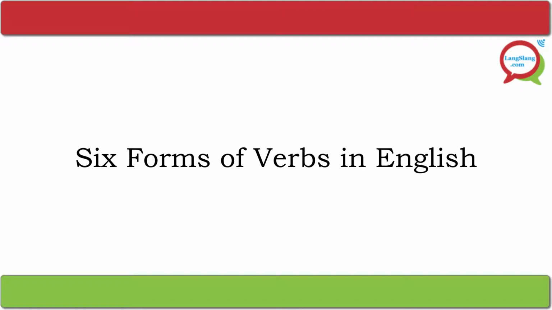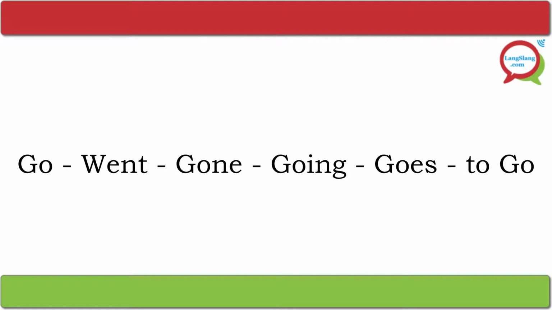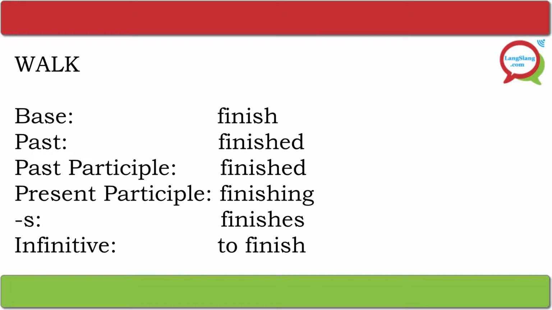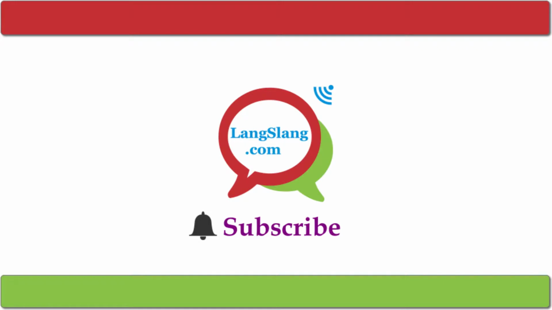So students, we have 6 forms of verb in English. For example, for the verb go, we have go, went, gone, going, goes, and to go. Every verb can be used in 6 ways or forms, like forms of verb walk, forms of verb finish, forms of verb do.